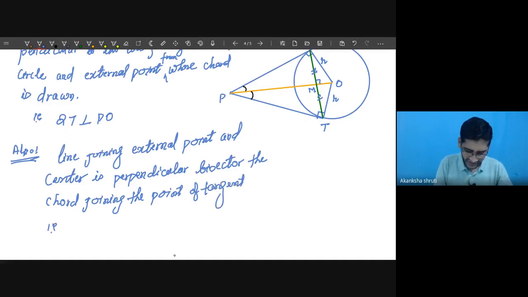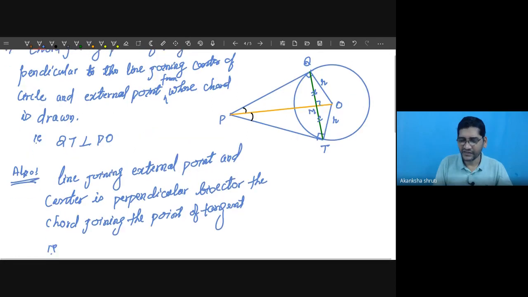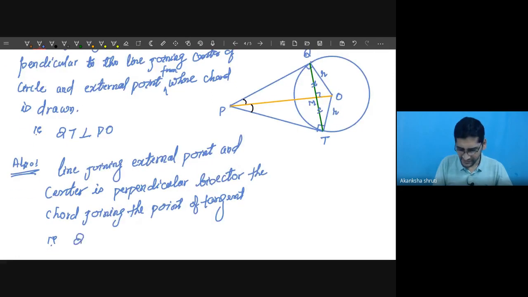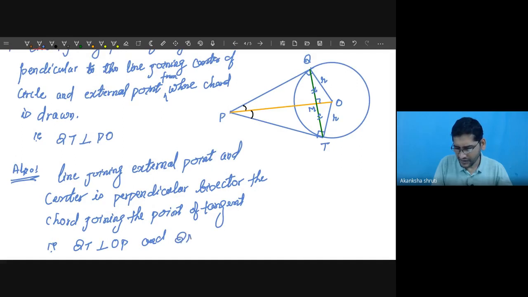That is, our QT is perpendicular to OP, and our QM is also equal to MT.